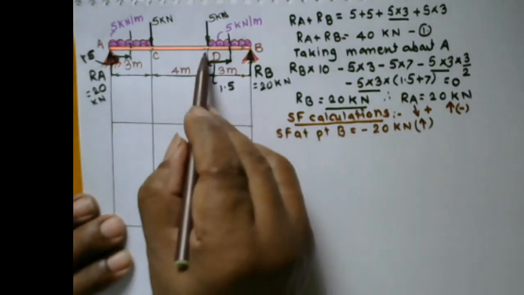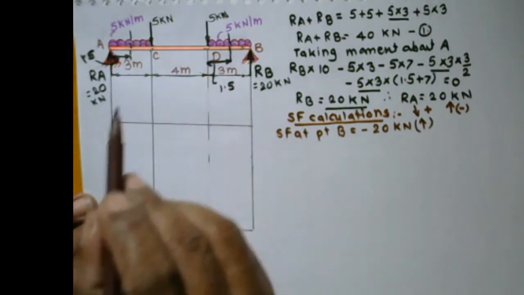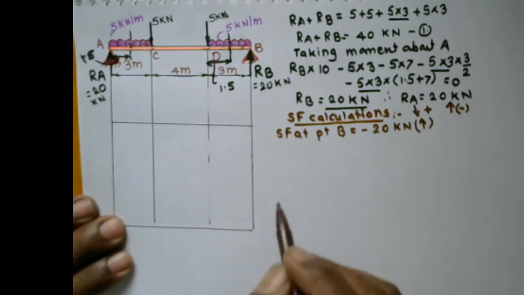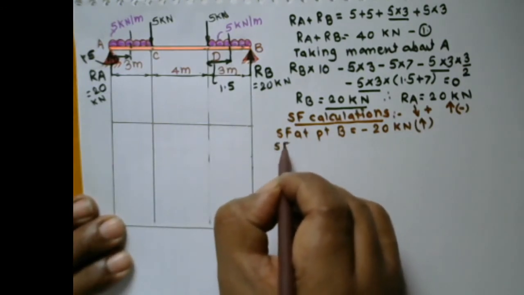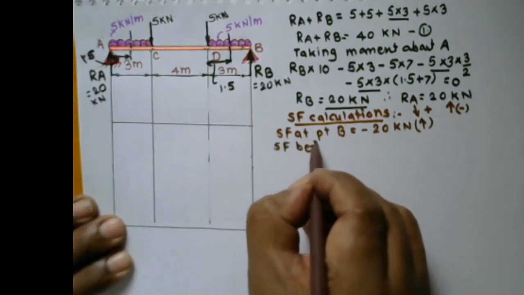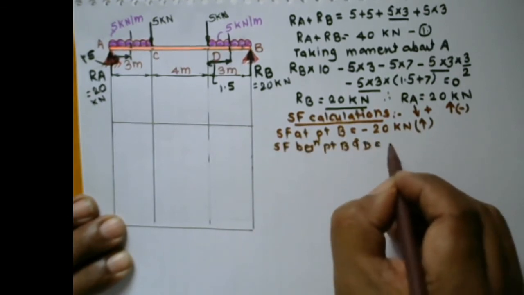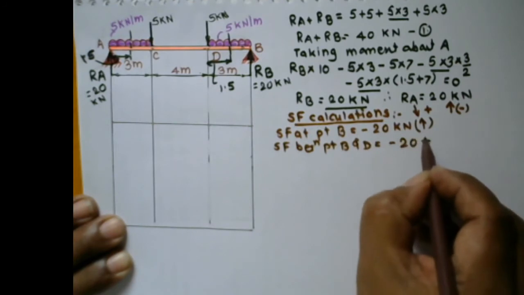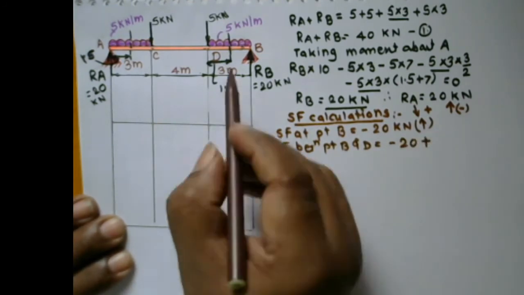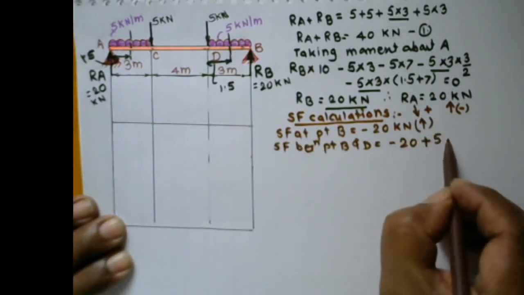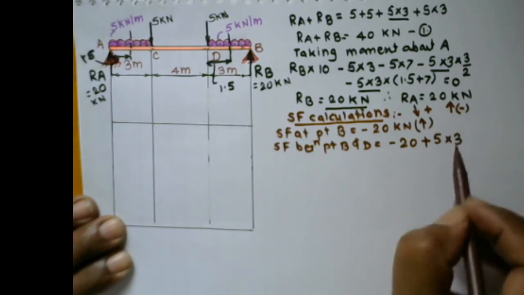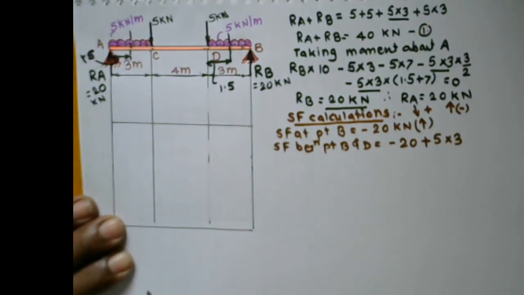After that, between the point B and D there is a UDL. So we have to write here shear force between the point B and D is equal to minus 20. UDL is acting in the downward side, so plus UDL rate is 5. It lies over the span of 3 meters, so 5 into 3.